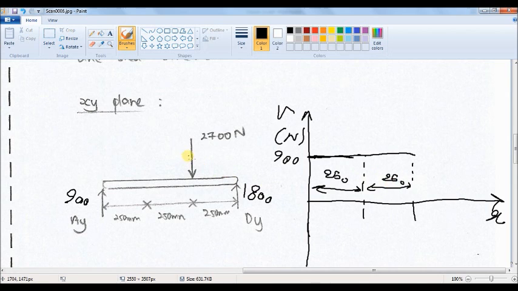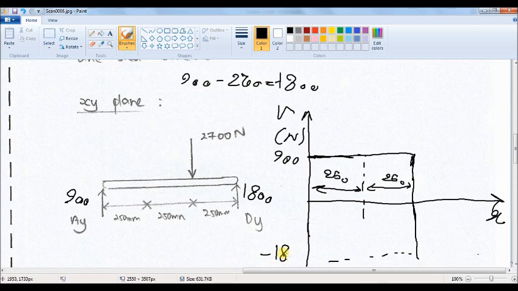At this location we have negative 2700 Newton, right? So 900 minus 2700 Newton equals negative 1800. So we should draw a line from positive 900 to negative 1800.